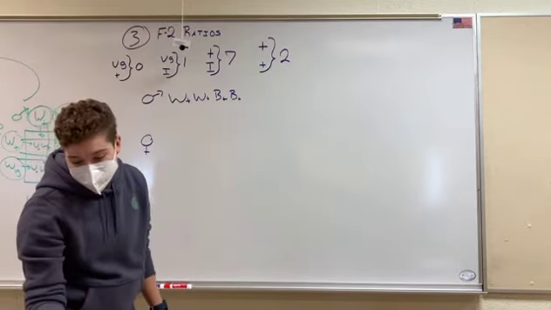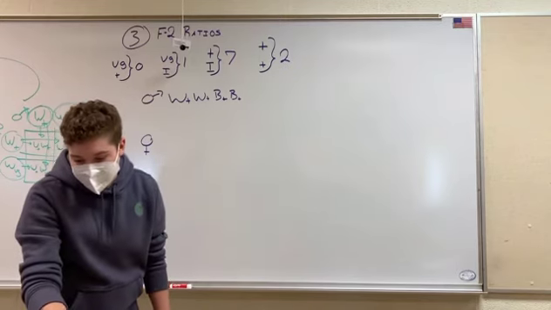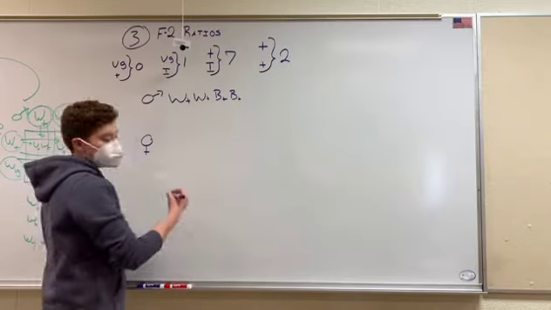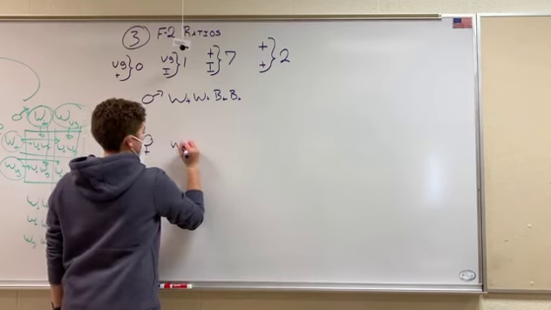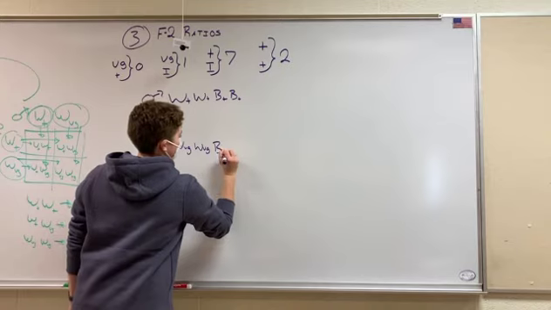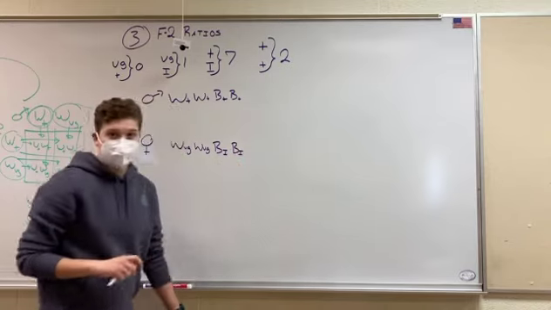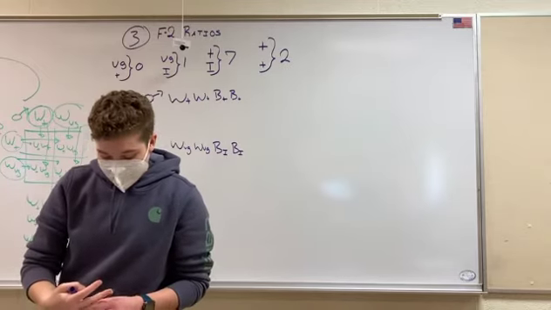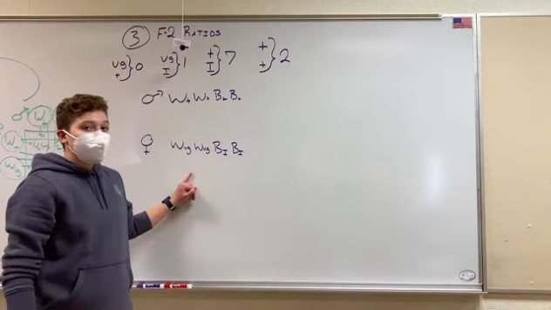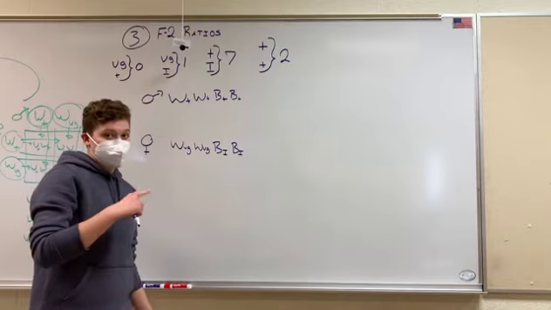They tell us that the females are vestigial, yellow body. So, again, true breeding, wings vestigial, wings vestigial, body y for yellow, body y for yellow. Now, what we'll need to do is cross these in order to get to our F1 generation.